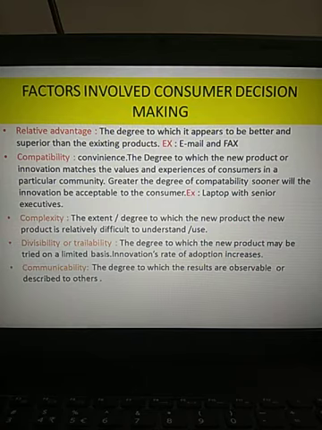If these features are exhibited by any product or service, the consumer decision is going to be more effective. So the factors involved in consumer decision making are: relative advantage, compatibility, complexity, divisibility or trialability, and communicability.